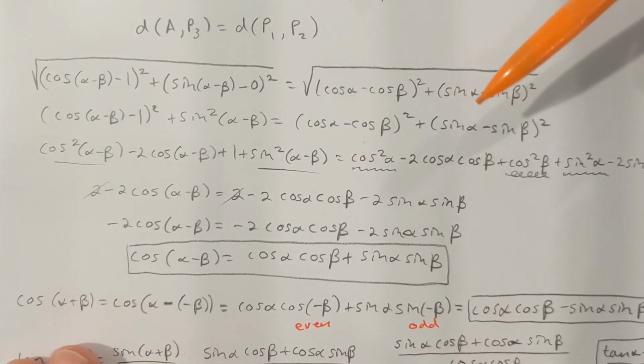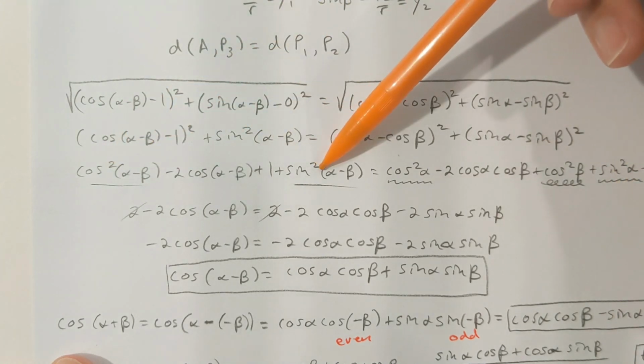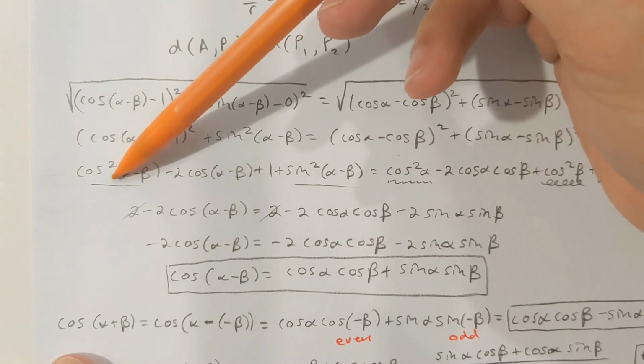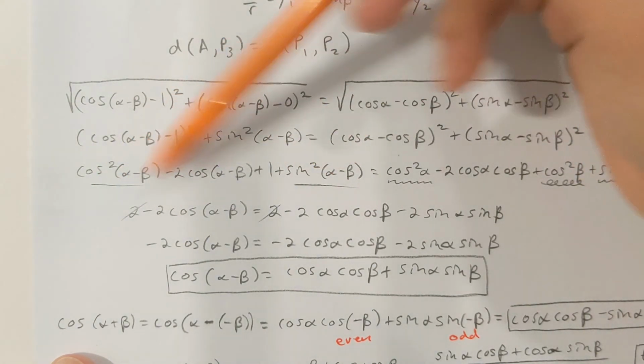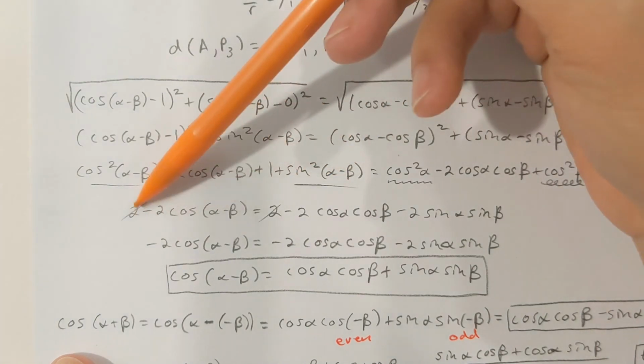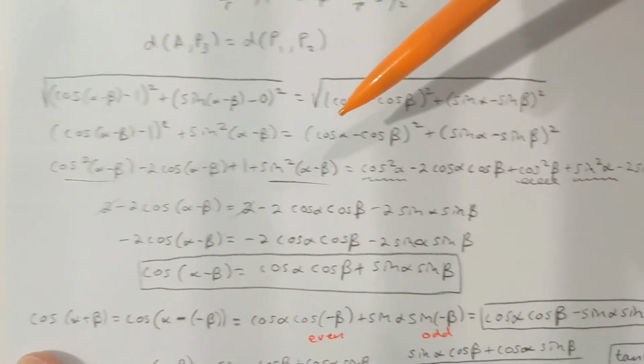All right, now cosine squared of an angle plus sine squared of the same angle is 1. So I've got those underlined here. 1 plus another 1 from these terms will give me 2. This middle term I'm going to keep as is.